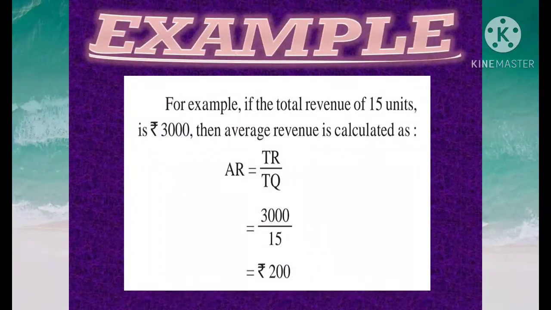That is, AR equals TR upon TQ. The total revenue given in the example is rupees 3000 and the total quantity given is 15 units. Therefore, by substituting in the formula, we get 3000 upon 15, which is rupees 200. This is average revenue.